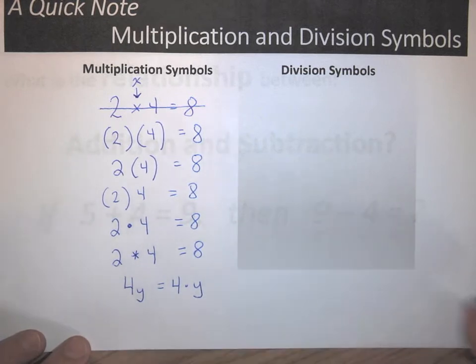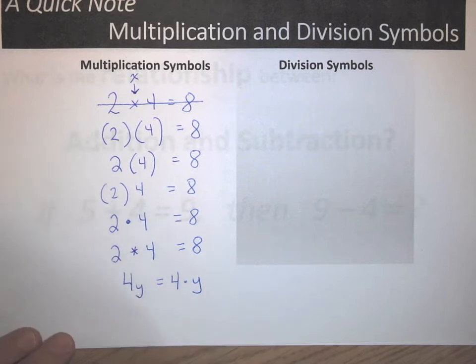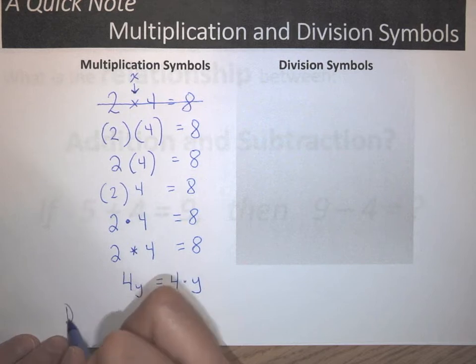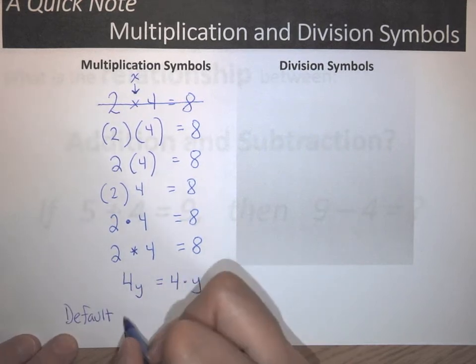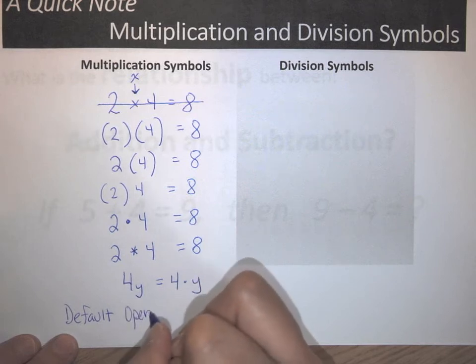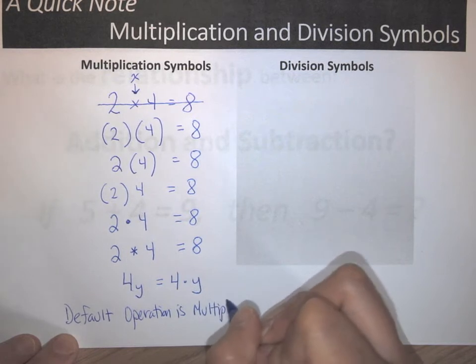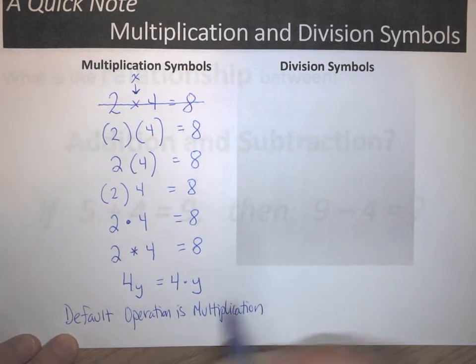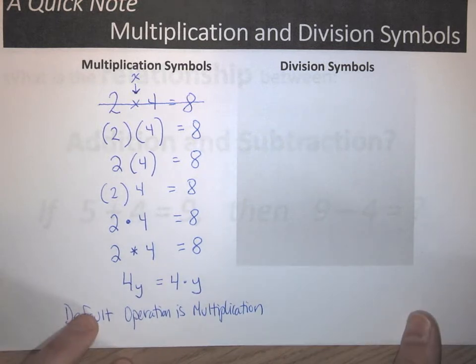And not to get too into the weeds here, but when we talk about the things sitting right next to each other and we automatically assume that this is multiplication, it's often said that in math, the default operation is multiplication. So if you have some values sitting next to each other and there's no other symbol telling you what to do, you can assume that they're being multiplied.